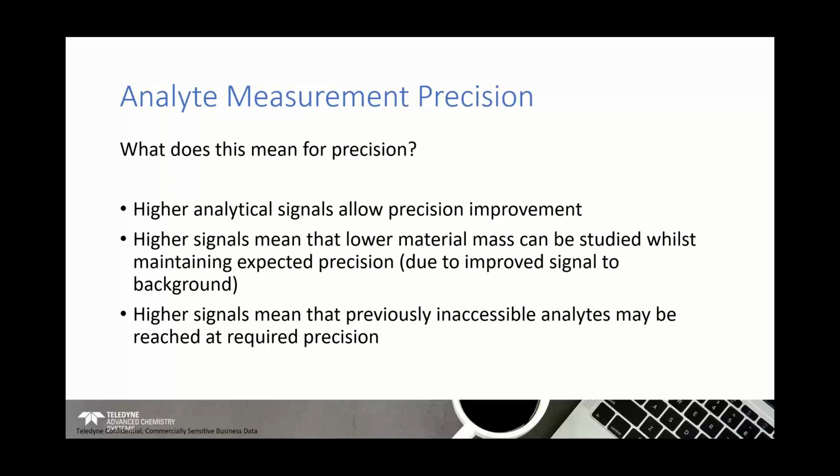So you can work with something like a zircon sample, which contains a much lower concentration of the analyte you're interested in, in this case uranium. It also means that we now have access to some analytes which are present at such low concentrations in a zircon sample that they're now accessible where they might not have been before, at the precision that you want to work with.